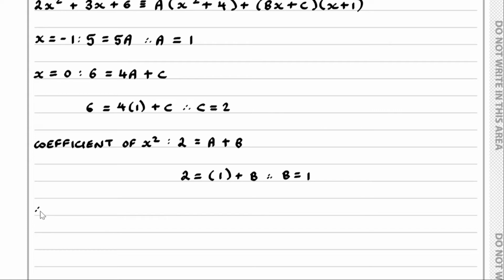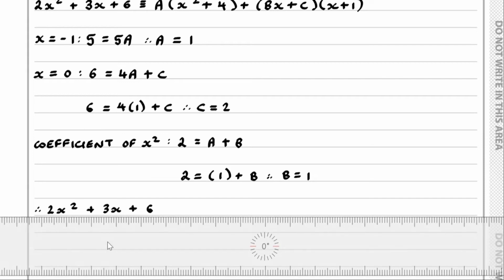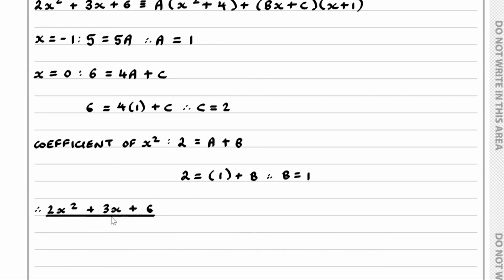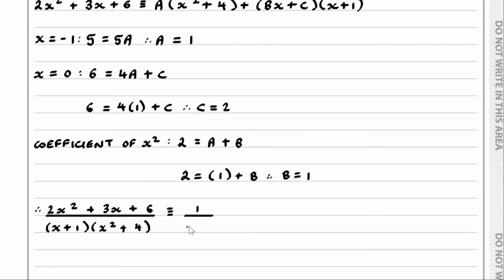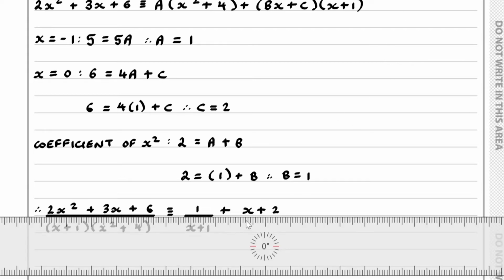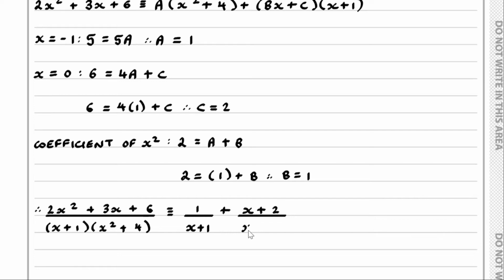And so therefore, what we can conclude is (2x squared + 3x + 6) divided by (x + 1)(x squared + 4) will be equivalent to 1 over (x + 1) plus (x + 2) over (x squared + 4).